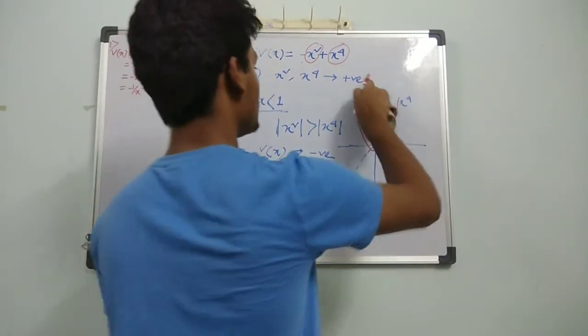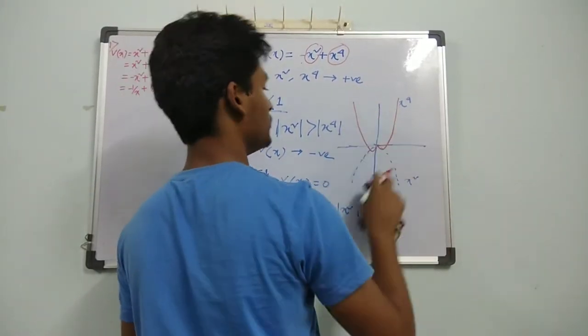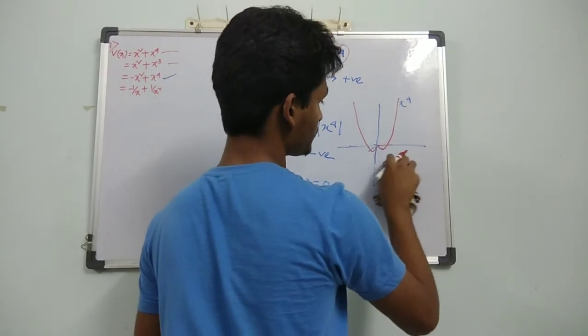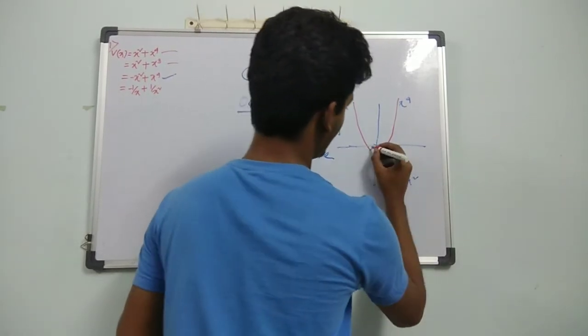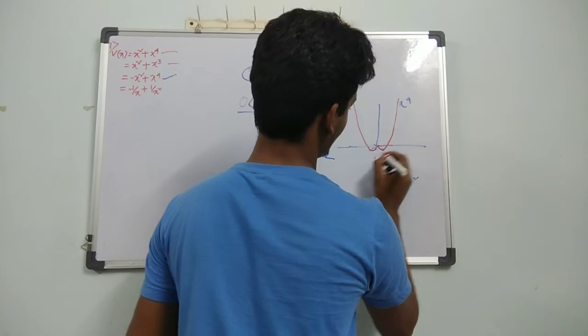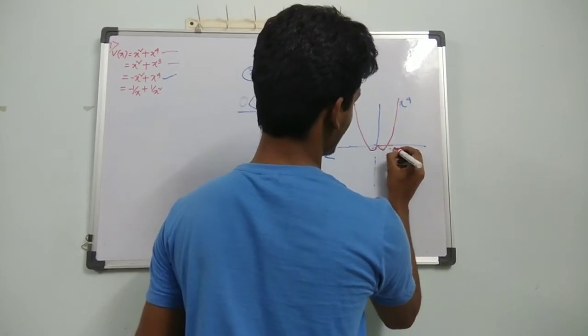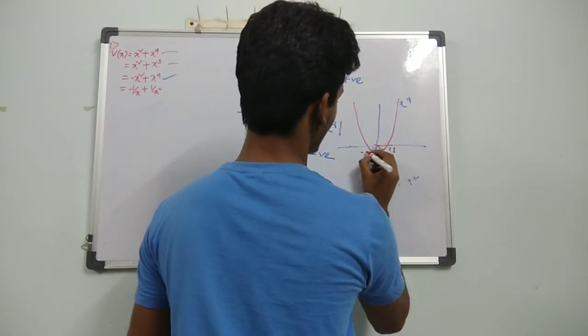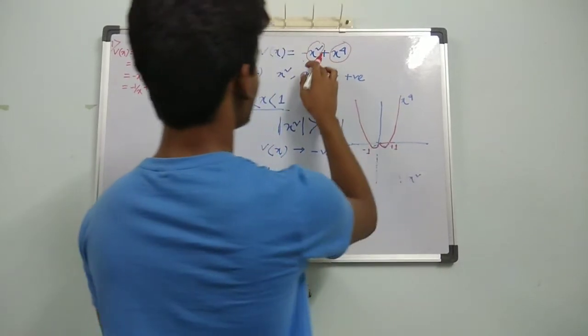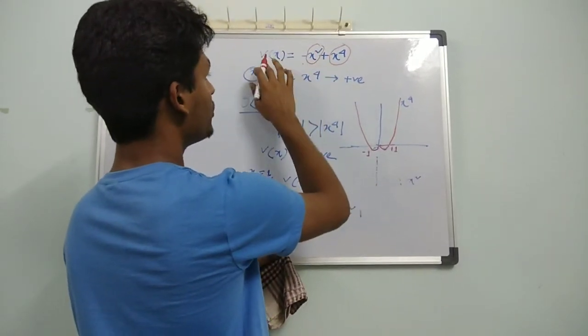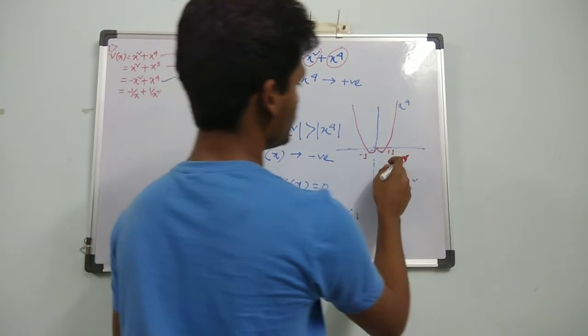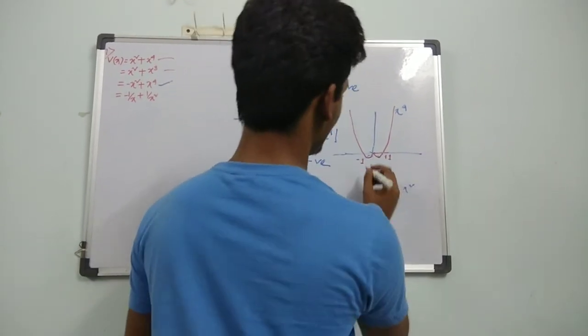So this will be your final plot. This is 1 and this is minus 1. If I put minus 1, then Vx is equal to 0, and if I put 1, then also Vx will be 0.